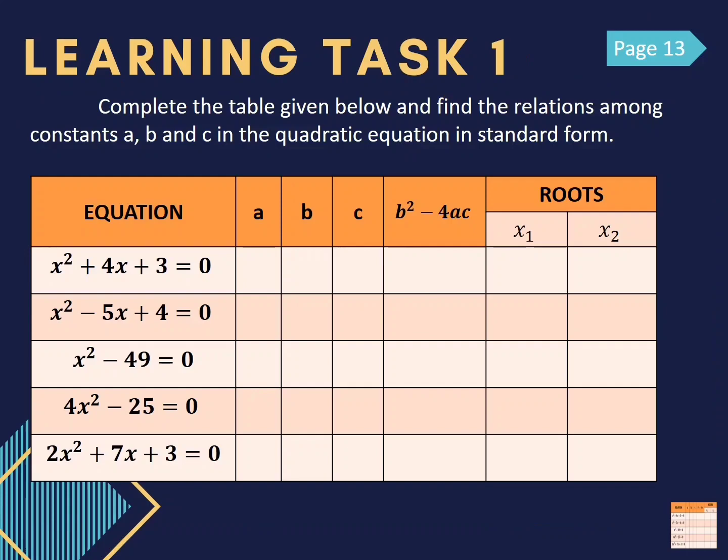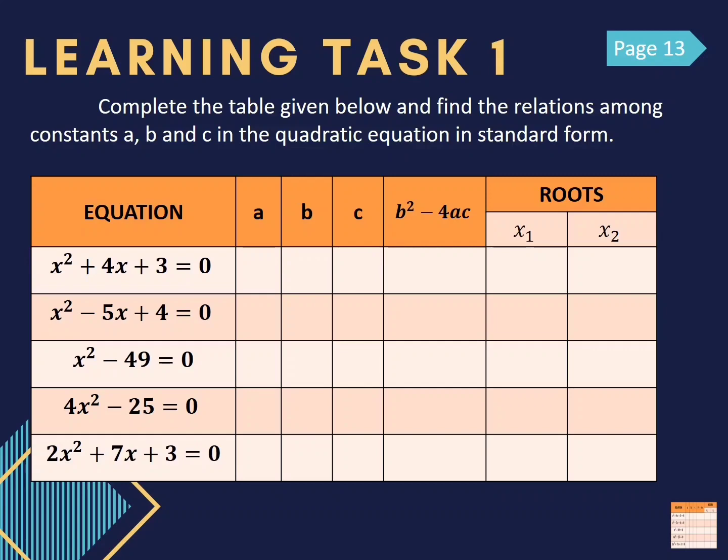For your learning task number 1 on page 13 of your module, you have to complete the table given below and find the relations among constants a, b, and c in the quadratic equation in standard form.